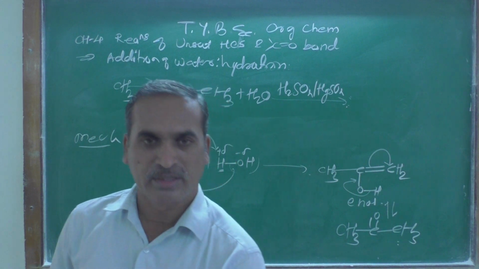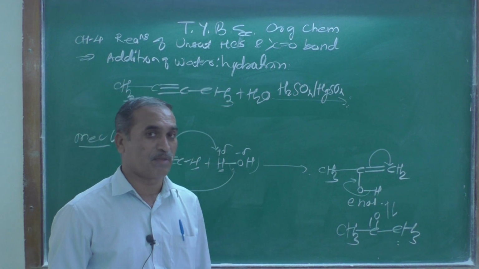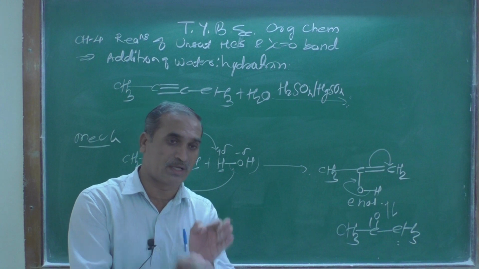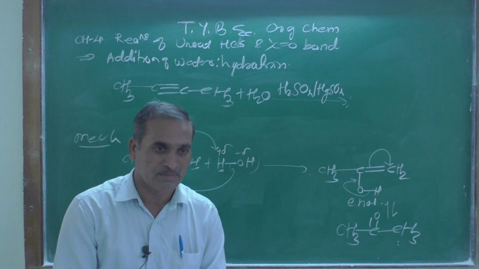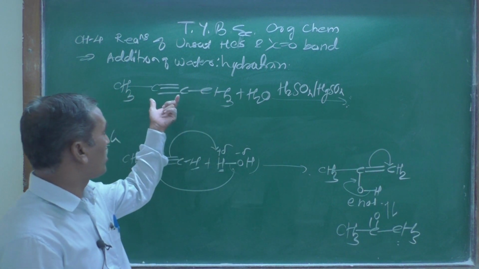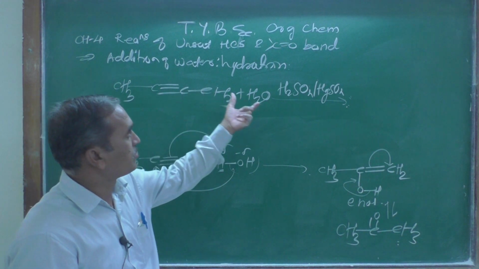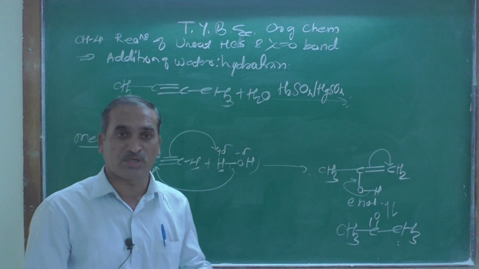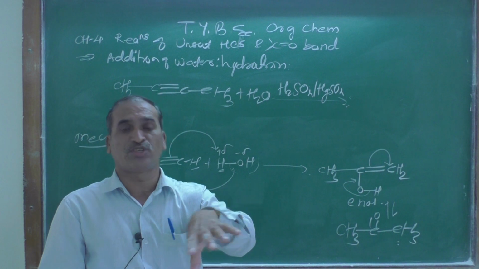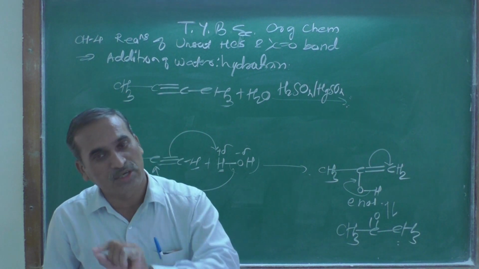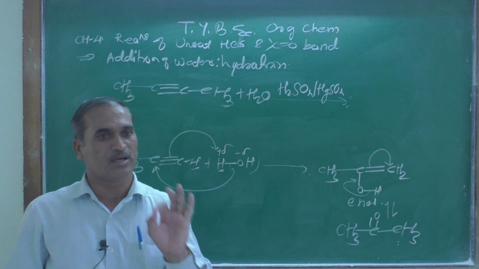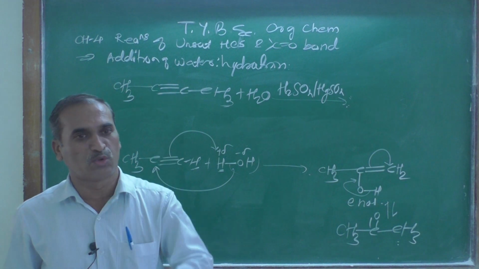So predict the product and tell me what type of product you get here. Any guess? Yes, because there is a carbon-carbon triple bond here, this is a hydration reaction. Hydration means addition of water, and the resulting compound you are going to get is the formation of the ketone, right?